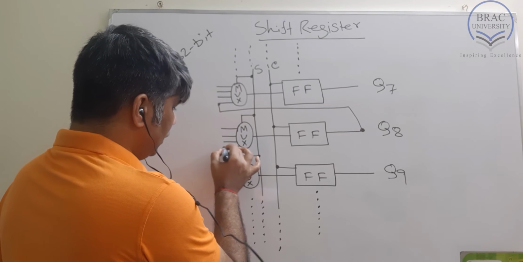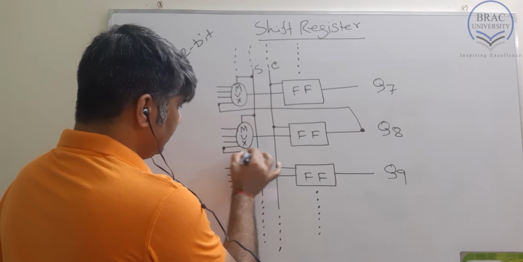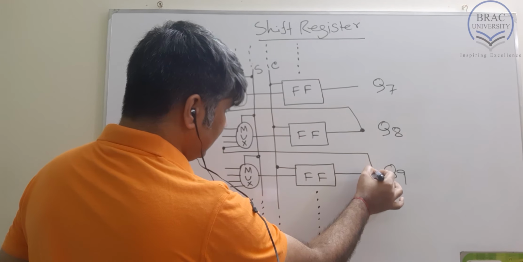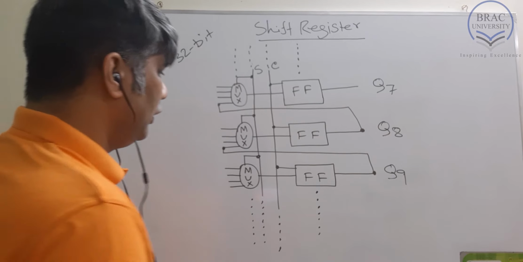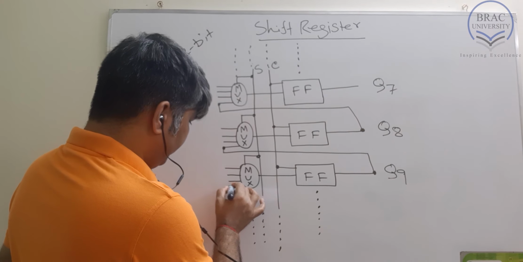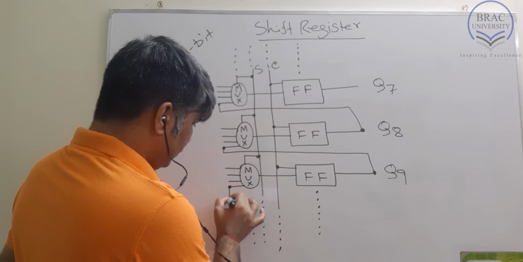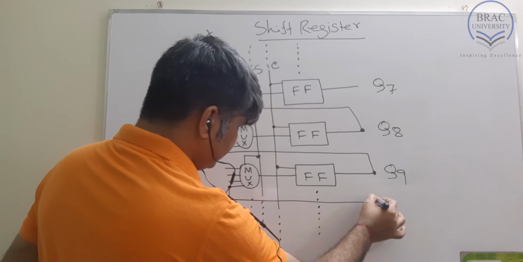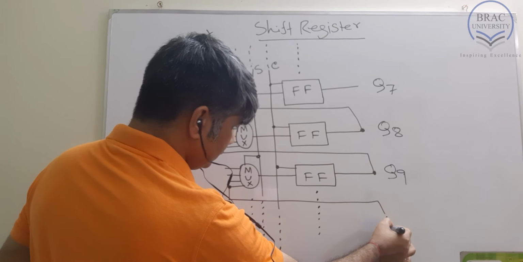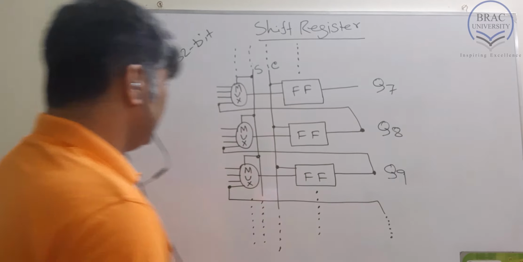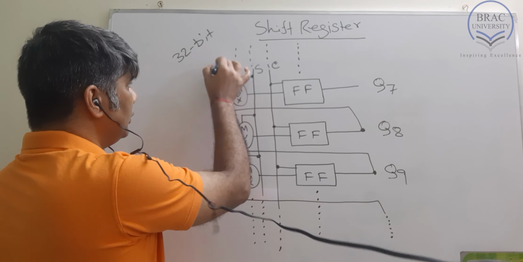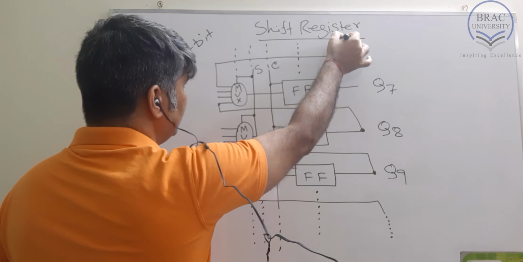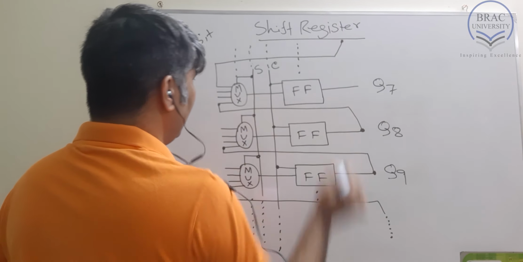The last one of all the multiplexers will be connected to the following output of the flip-flop. What about the first one? This one will be connected to the upper flip-flop.